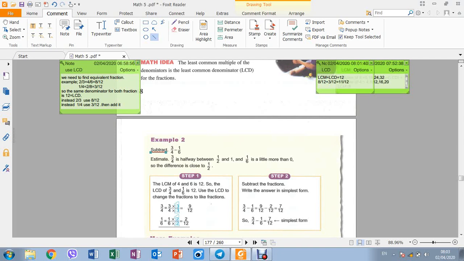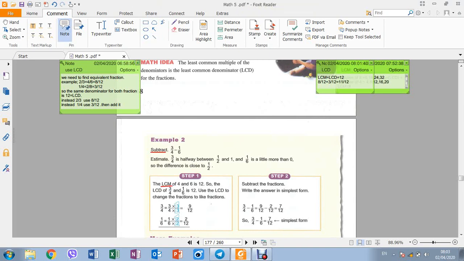Now the first step again. For this one, like adding fractions with unlike denominators, at first we need to find the LCM. The first step, we need to find LCM for what? For denominators 4 and 6.